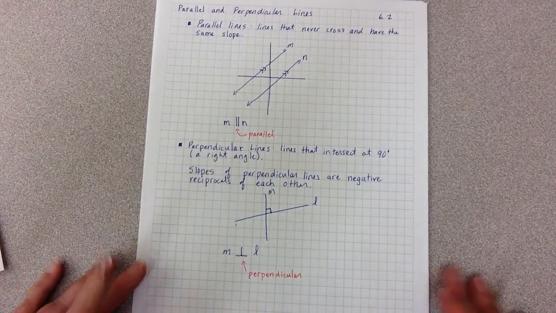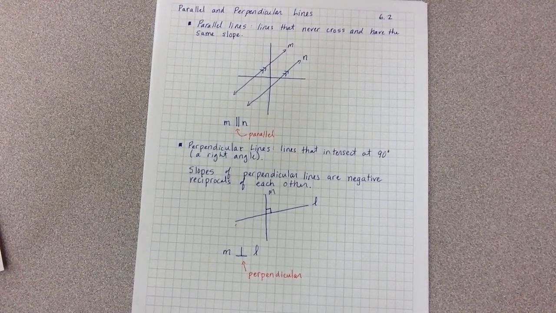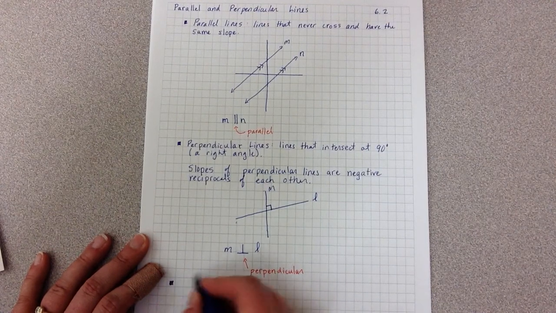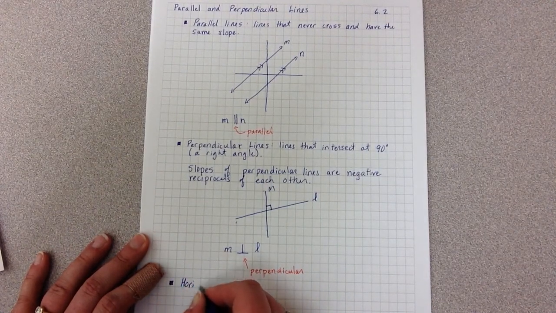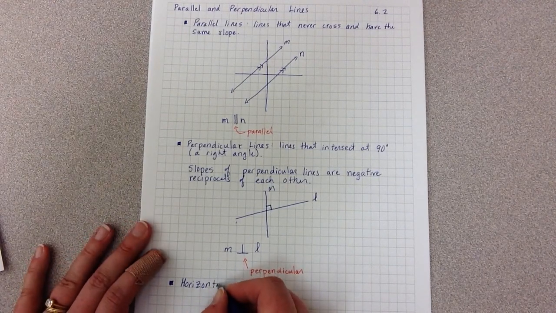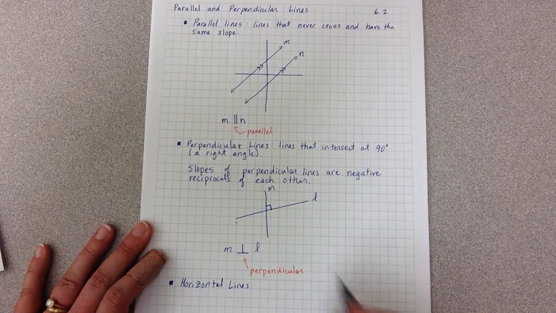Now, there are some special lines that will always be perpendicular to each other. And those lines are horizontal lines.